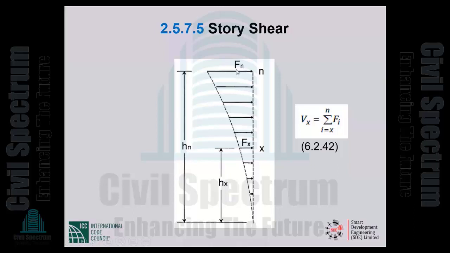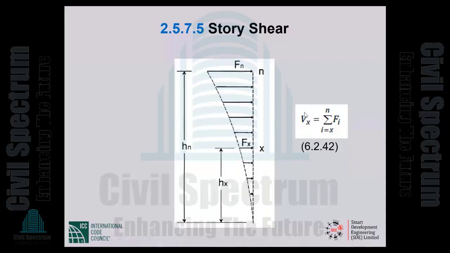This gives you a lateral force at every floor level, which is denoted by capital F sub x for floor level x. Okay. And when we talk about story shear, this is floor level x, this is story x, below floor level x. Story shear in story x is the sum of all the forces above the story. So it will be F sub x to F sub n, all the forces from x to n.